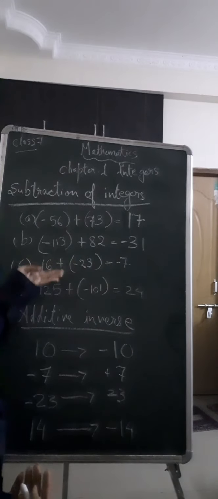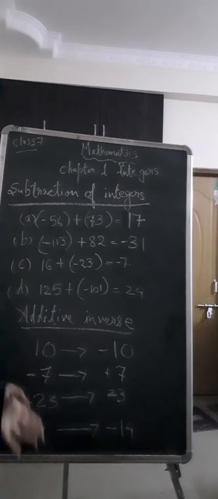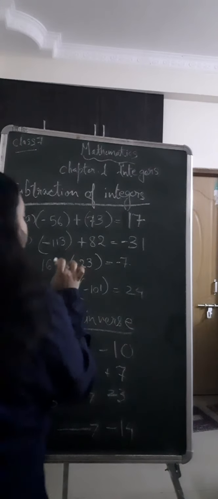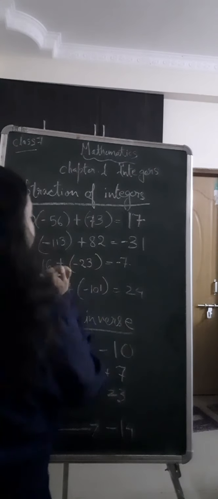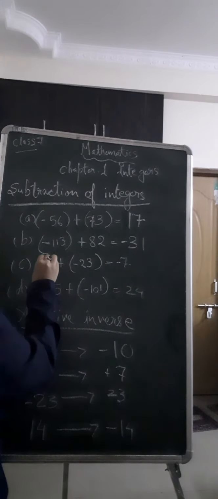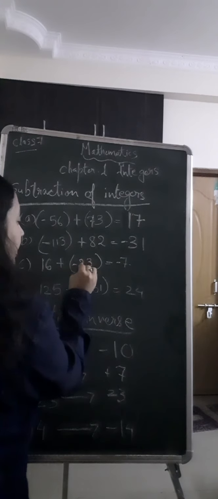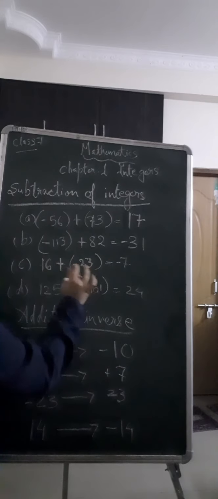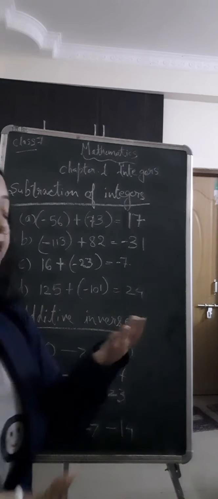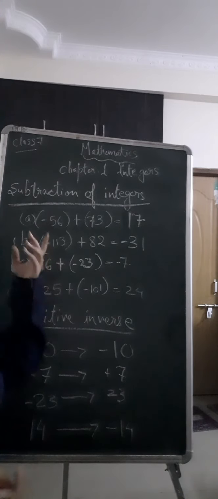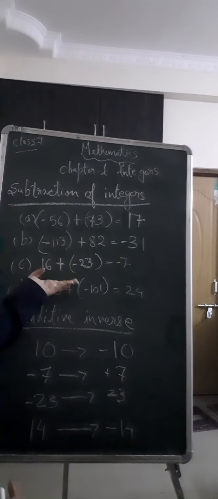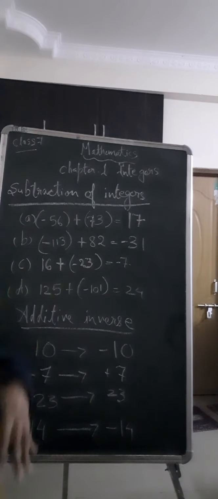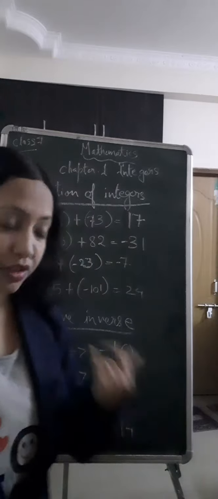Similarly, in question number C, which I have taken, we have 16 plus minus of 23. Now one number is positive and another number is negative, so the operation sign over here is plus, but actually what we will be performing is this: minus plus becomes minus itself, subtraction itself. So the operation which we will perform will be subtraction, of course.